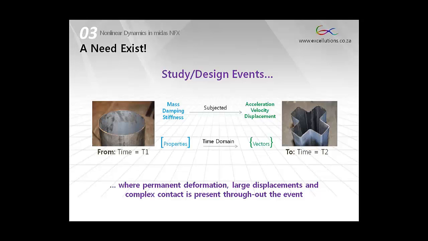This whole event plays down in a domain which starts at a time t1 and ends at a time t2. So a time domain exists. So this study is characterized by permanent deformation, large displacement, and complex contact right through the event.